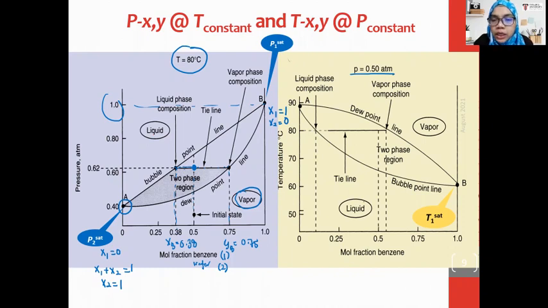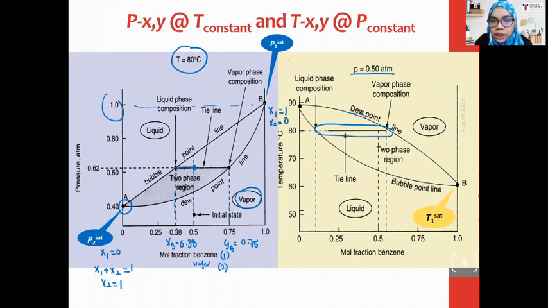As we increase temperature, we have the liquid phase, and at higher temperature, we have a vapor phase here. For the vapor phase, it represents the dew point or dew line here. And we have a tie line here, and for the liquid phase, we have a bubble point here.